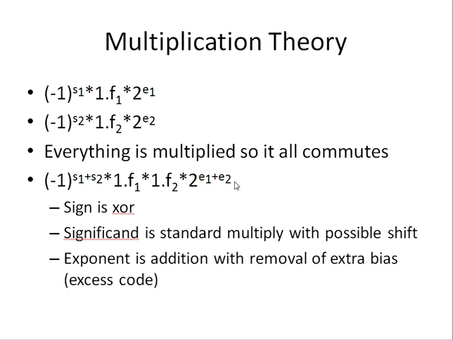I need one of the 127s for the encoding style, so that's okay, but I have an extra 127. So we need to come back in and remove the extra bias. We take the encoded version of the numbers, add them together, and then subtract 127. What that ends up giving us is the exponent in the excess code. So that's the basic idea of how you do the multiplication.